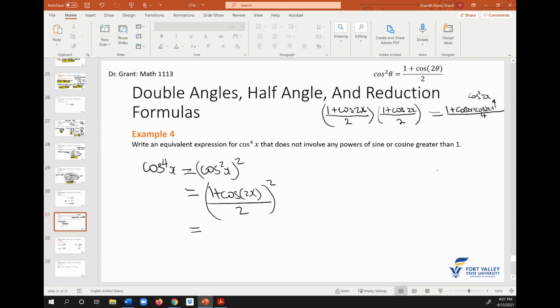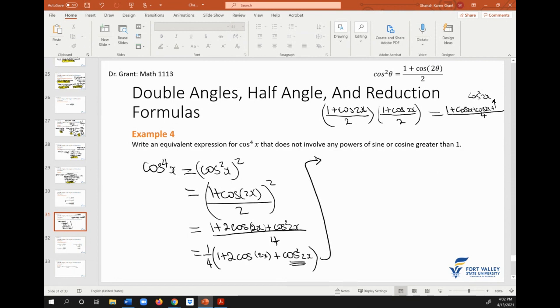If we simplify, this becomes 1 plus 2 cosine 2x plus cosine squared 2x, divided by 4. And we can always pull out this 4 as 1/4. So we'll have 1 plus 2 cosine 2x plus cosine squared 2x. Now, of course, we can still rewrite this cosine squared 2x, right?